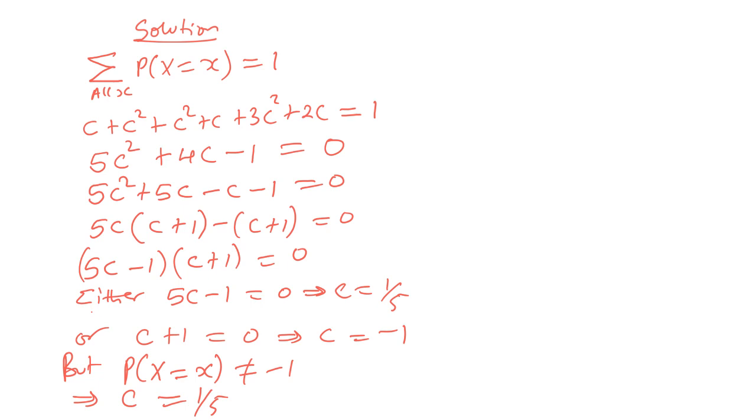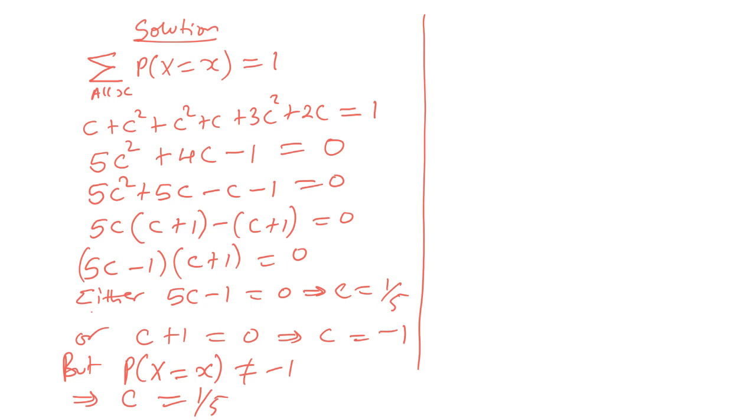The reason is C is a probability. When you check our table, 0 has probability C, 1 has probability C squared. So probability will never be negative. It is always a number between 0 and 1. In this case we discard negative 1 because probability cannot be negative 1. So we have got the value of C, it is 1 out of 5.